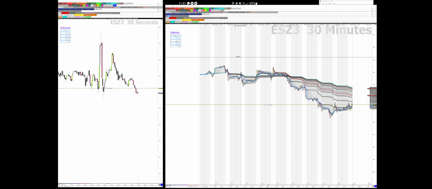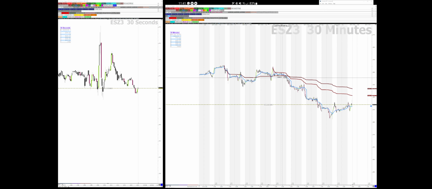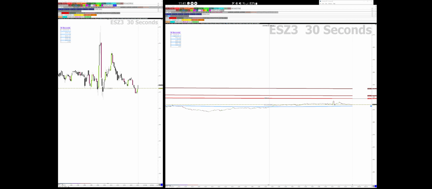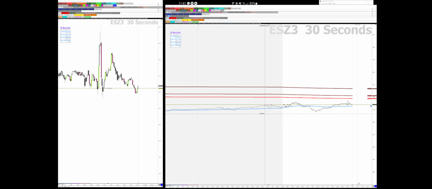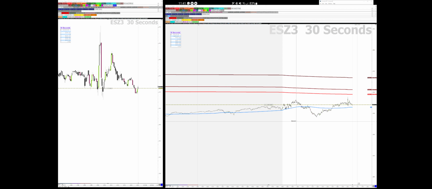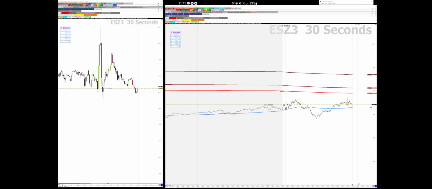So, when I start out my day, I use no VWAPs. I mark down my higher time frame checks, and then I can flip over to an execution chart, and I have these levels in here.